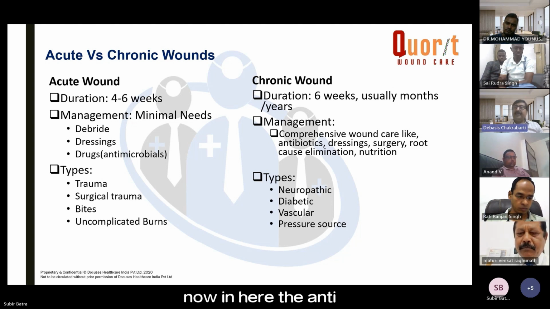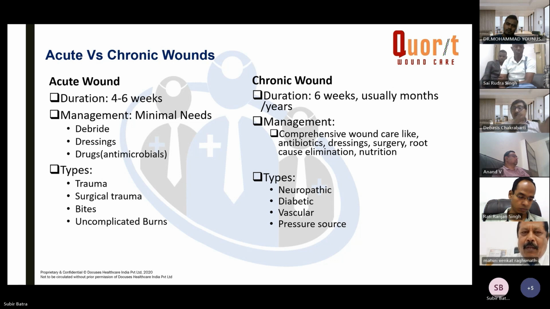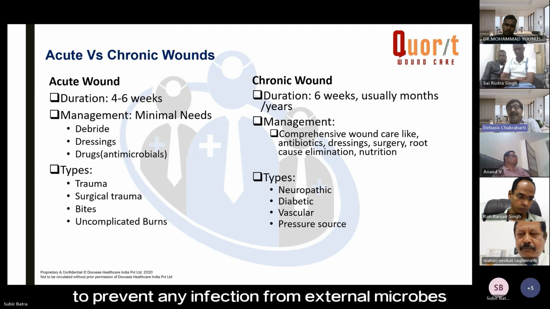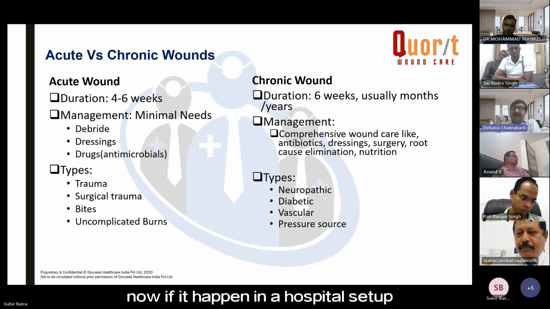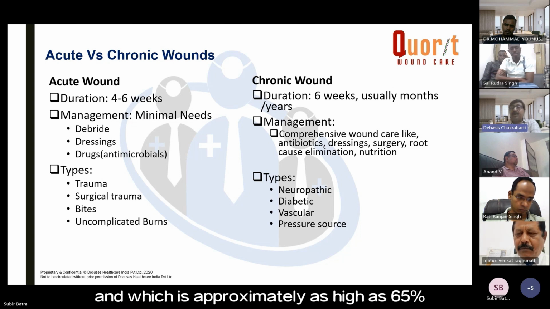Now, why do they use the antimicrobials? This point is very important. They use the antimicrobial to prevent any infection from external microbes. Even if it happens in a hospital setup, although a hospital setup is sterile, practically there are chances of hospital acquired infection, which is approximately as high as 65%.